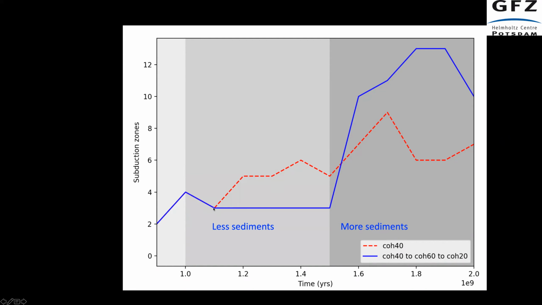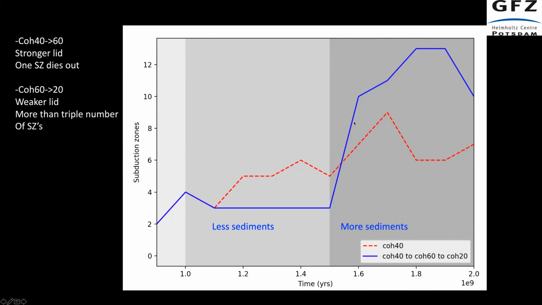So here we can see that as we increase the yield strength, we lose one of the subduction zones and we're unable to form new subduction zones if we have less sediments in the trenches. And on the right-hand side, we can see as we decrease the yield strength, as a proxy for having more sediments in the trenches, we actually double the amount of subduction zones in the model.